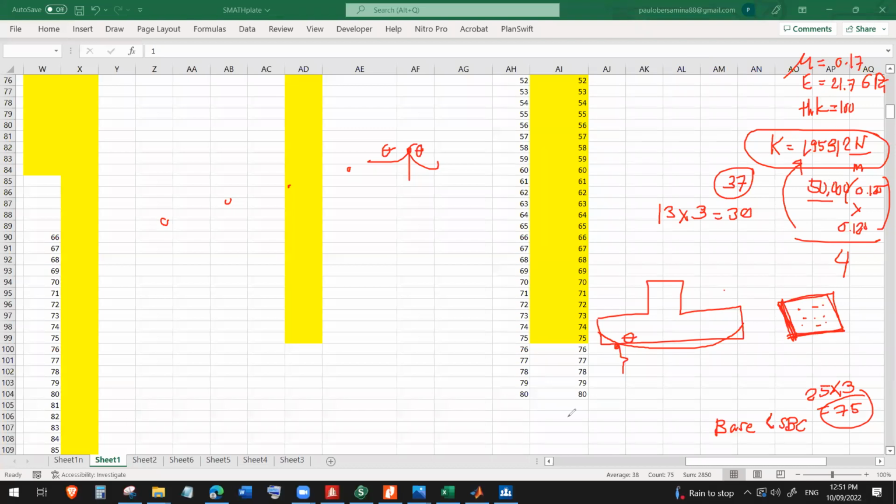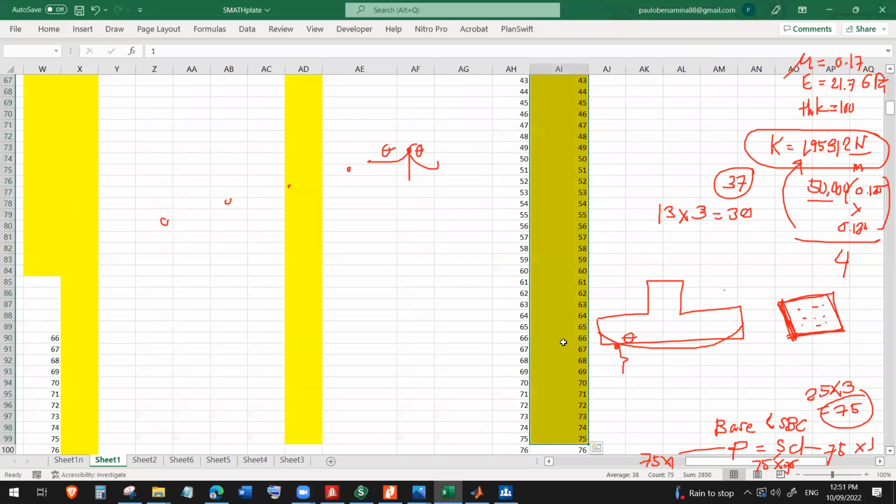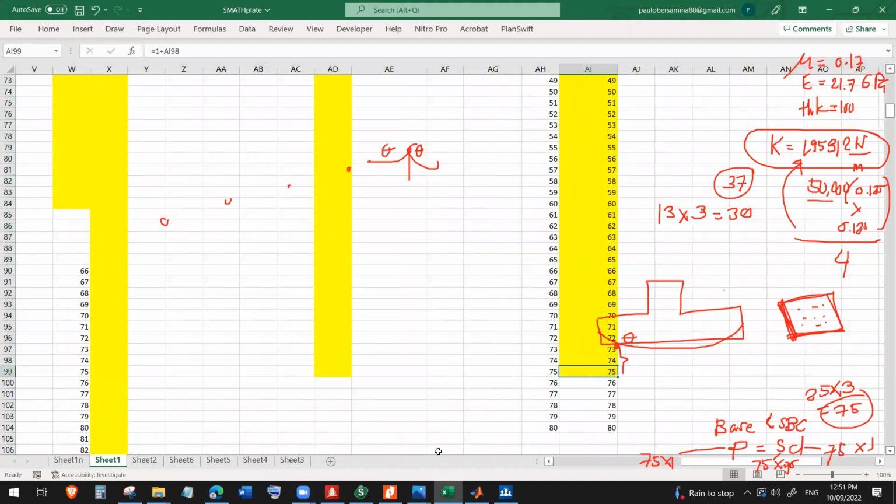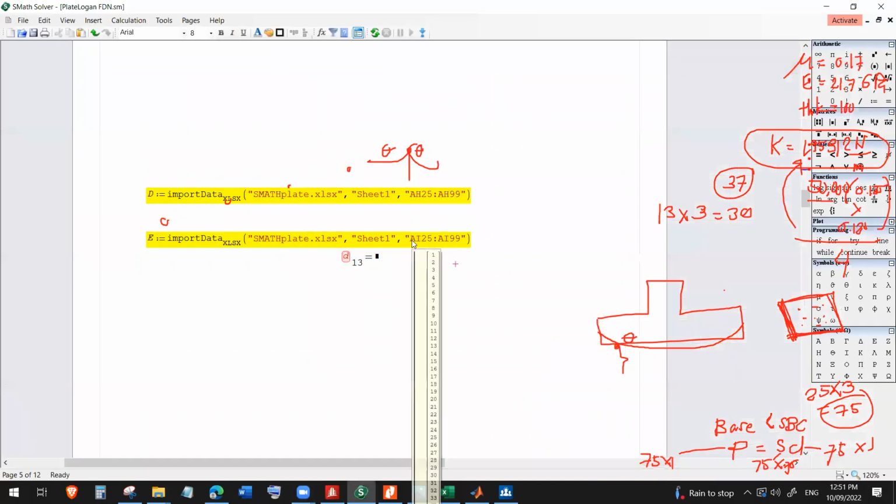From the formula T equals SD, our S will be 75 by 75, our D displacement is 75 by 1, and of course, our force vector is also 75 by 1. And its address is up to 99, so that's why it is AI 25 to AI 99.